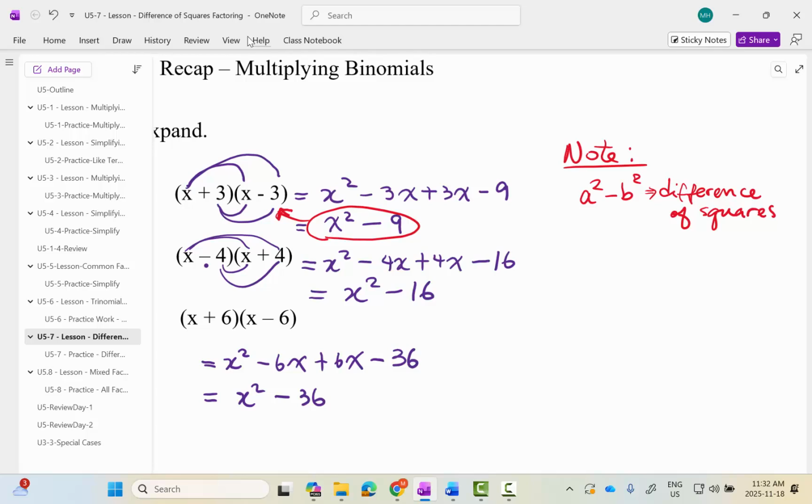Do you know what perfect squares are? Let me list some perfect squares for you. 4, 1, 9, 16. What's another perfect square? 25.